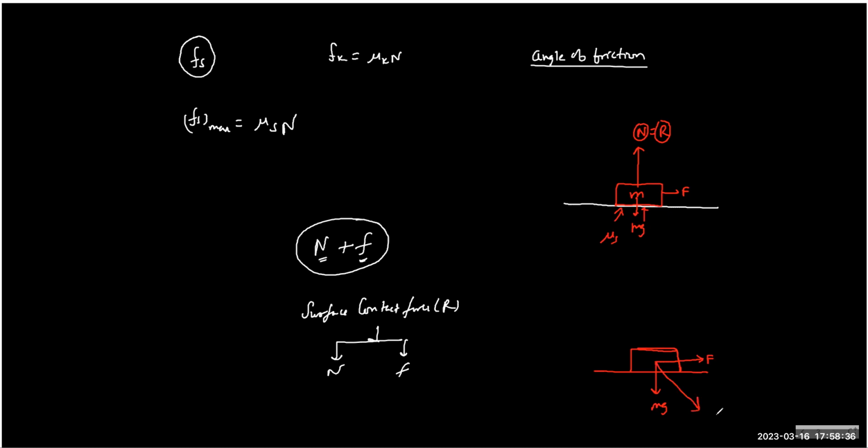The block understands the net effect, as even a human body feels the net effect. So this is something like a resultant. To oppose this, the surface will apply force like this, which we call the surface contact force.